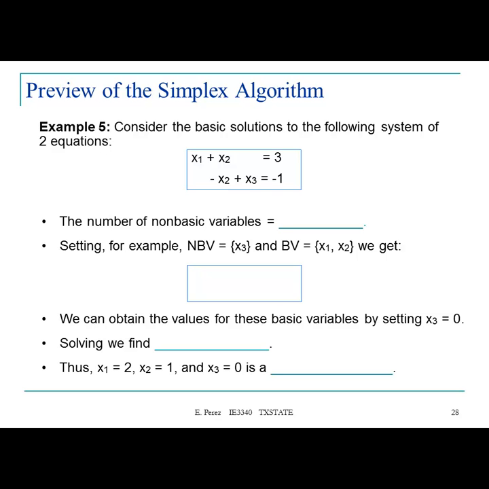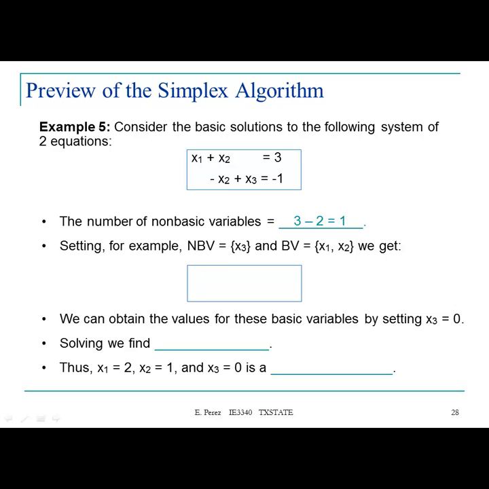Now we want to know how many non-basic variables we are going to have. We have 3 decision variables, x1, x2, and x3, and 2 constraints. So the number of non-basic variables is n minus m, which is equal to 1.